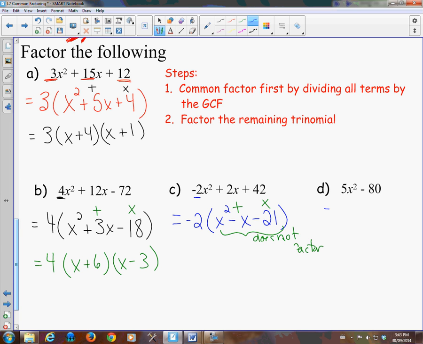Last one. You see a 5 in front. I'm going to divide everything by 5. So that leaves x squared. 5 goes into 80 once. 8 once. 50 goes into 8 once. Leaves a 3. That'd be 16.